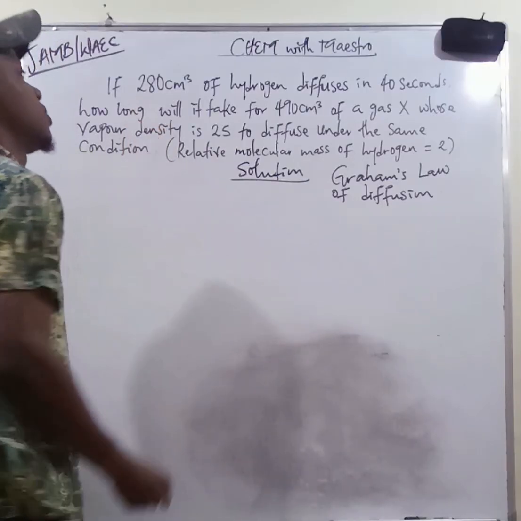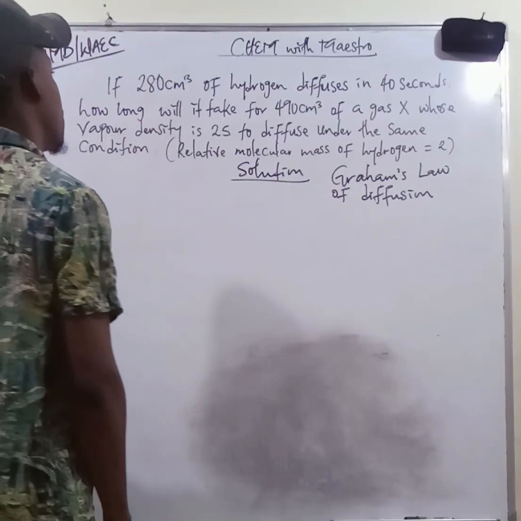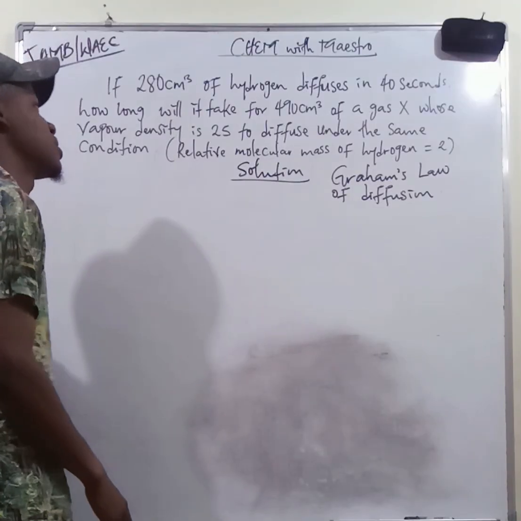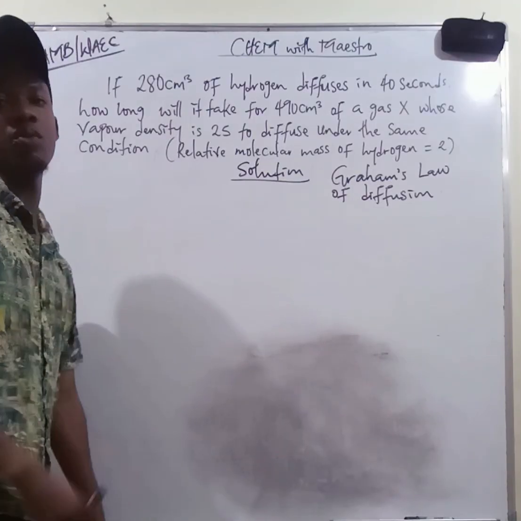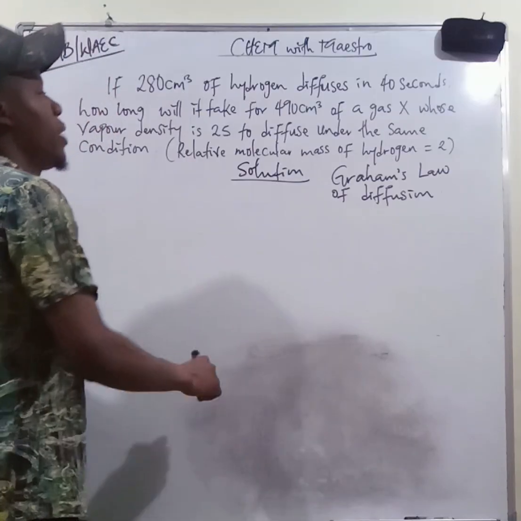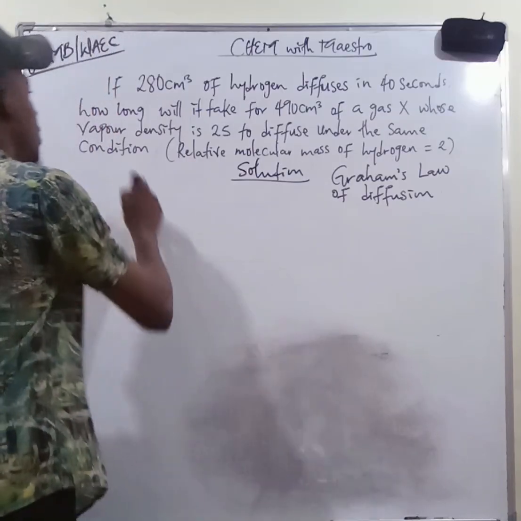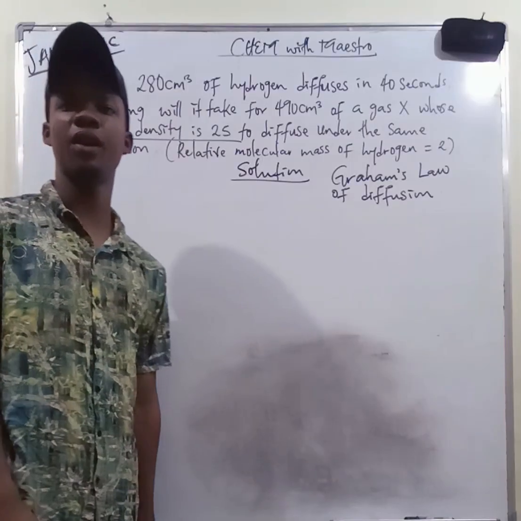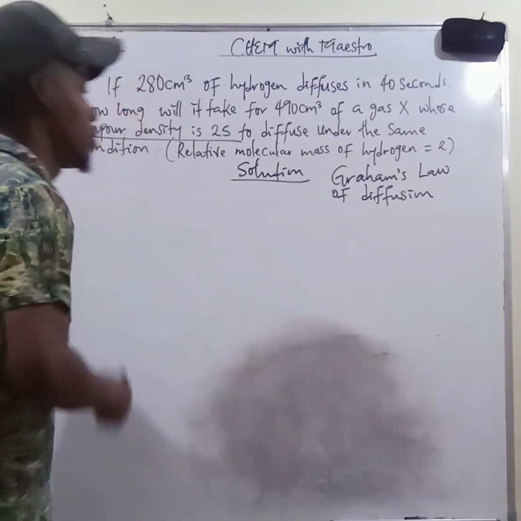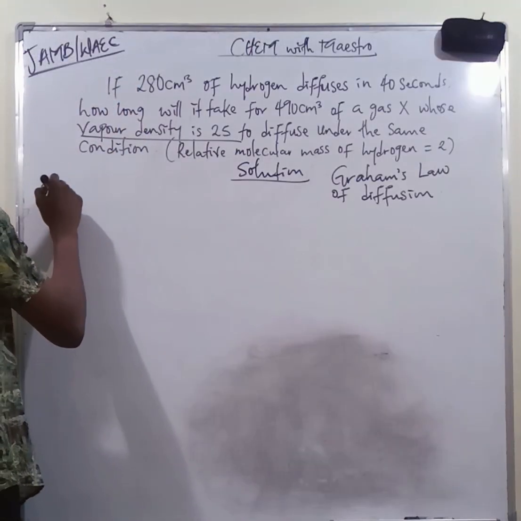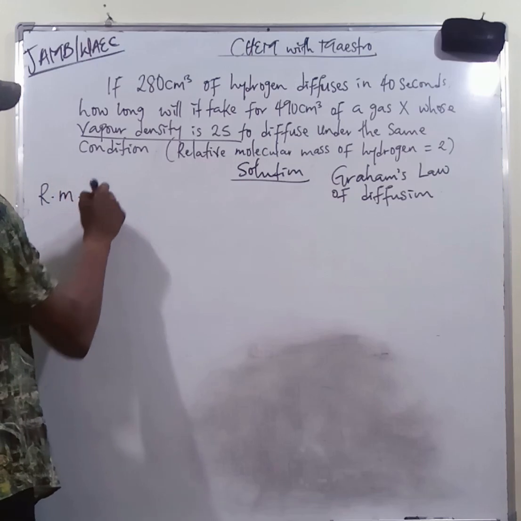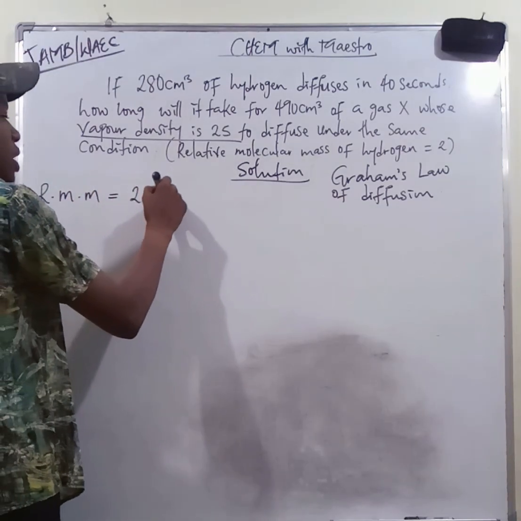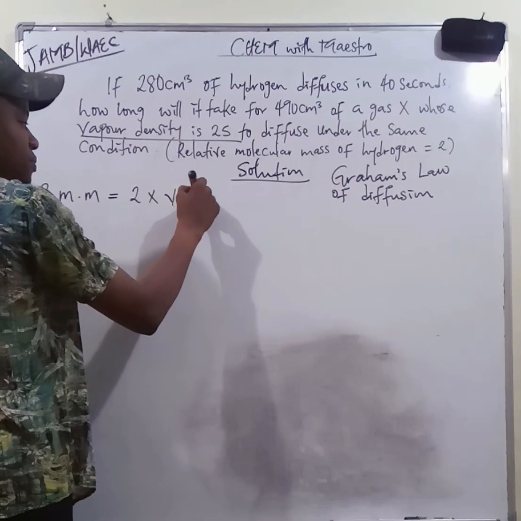If 280 centimeter cube of hydrogen diffuses in 40 seconds, how long will it take 490 centimeter cube of a gas X whose vapor density is 25? Now we have to resolve this aspect. Vapor density 25. How do we resolve it? Don't forget that relative molecular mass is equal to 2 times vapor density.